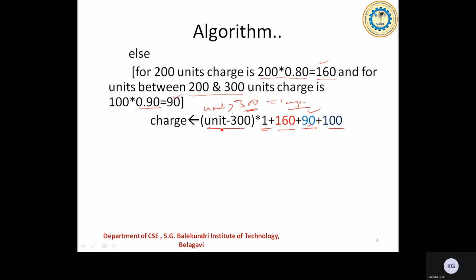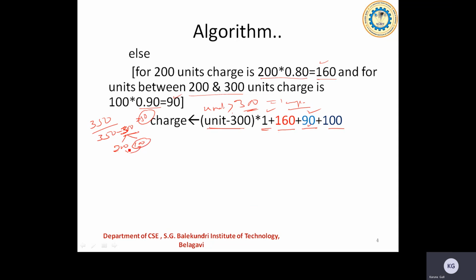And for this, it's crossing 300 units. If I have entered the unit as something like 350 here, then 350 minus 300 gives 50, and for 50 I'll be paying only 1 rupee. This 300 is again divided into two parts, 200 and 100.